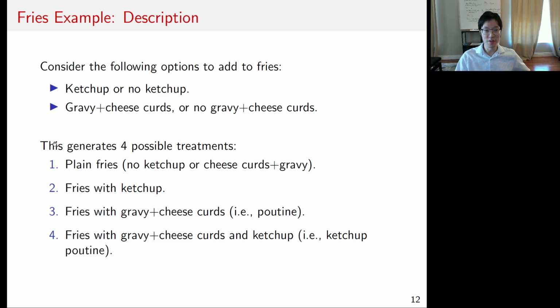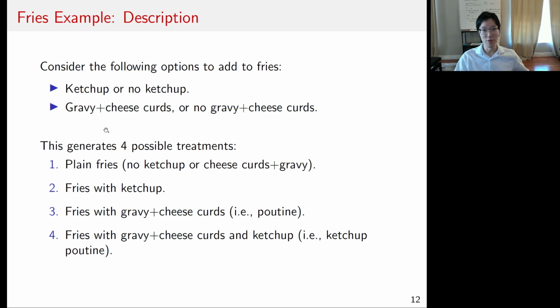Okay, so that means if we write them out in terms of what we understand about fries, these would be the 4 possible treatments. So the first one is you have neither, so that's just plain fries. And so treatment 2 is, well, let's put ketchup but no gravy and cheese, so that's your typical fries with ketchup.